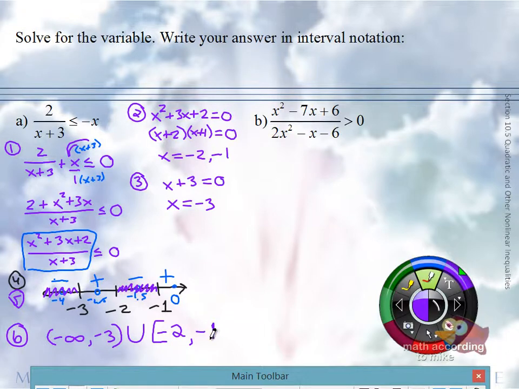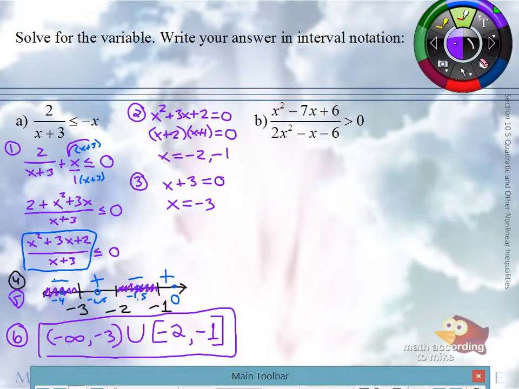Negative 1. Do I include the negative 1? Two reasons why. There's an equal sign, and it came from the numerator. So these are trickier than your polynomial ones from before. Now you have to worry about whether it causes division by 0. If it does, do not include it.